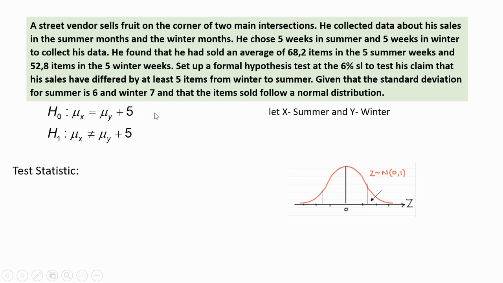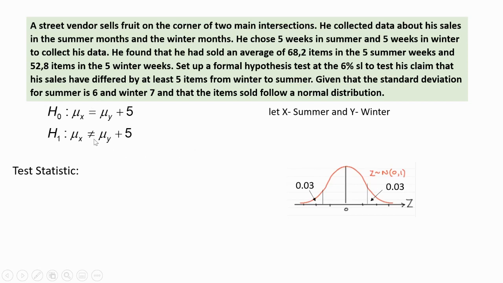What is the claim? That mu x doesn't equal mu y plus 5. In fact, mu x minus mu y is not equal to 5. So I could change the subject of the formula to make it suit what I want to say.